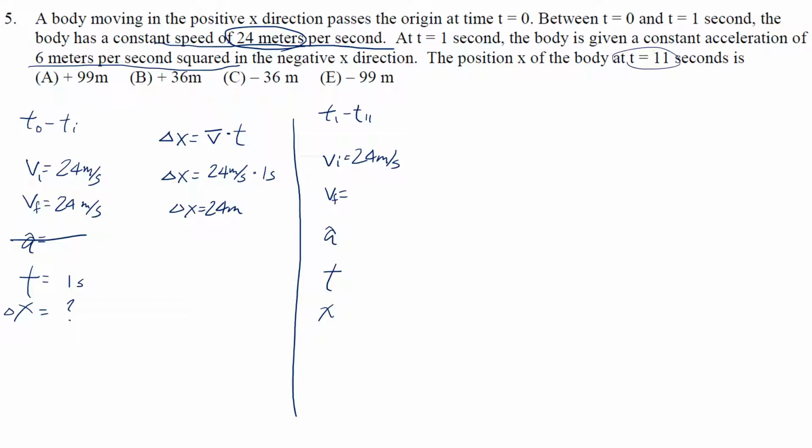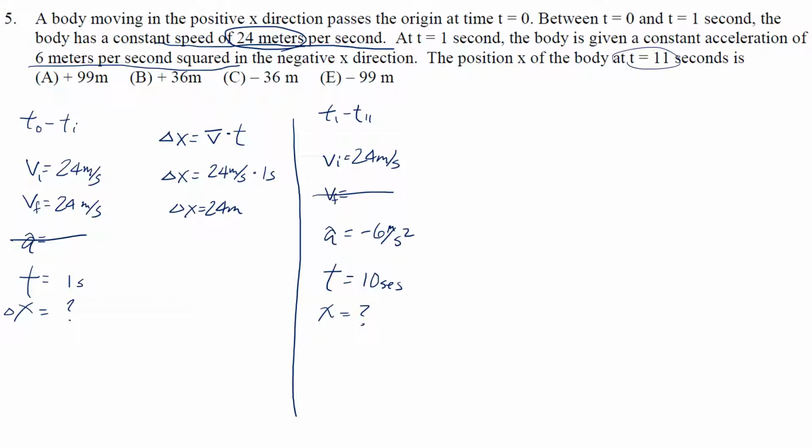It's going to decelerate at negative 6 meters per second squared, but we don't know what the final velocity is going to be. We do know the time elapsed is going to be 10 seconds, and we need to know the final displacement.